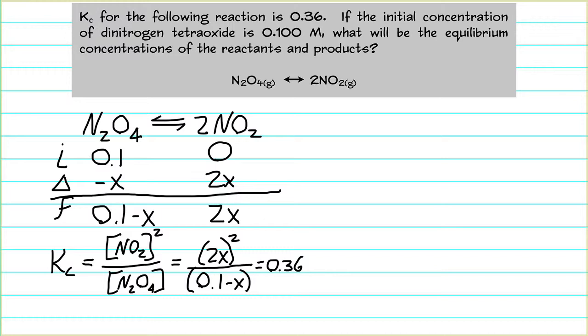There's really no choice but to go through the quadratic equation. So if we take this and set it up like we normally do for a second-degree polynomial, we would find that we get 4x² + 0.36x − 0.036 = 0.